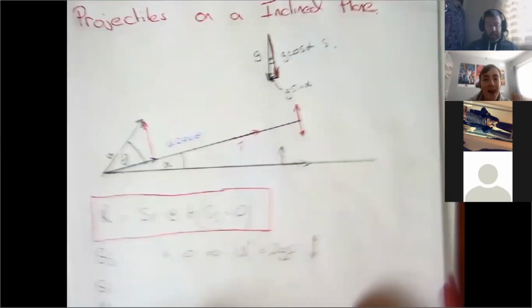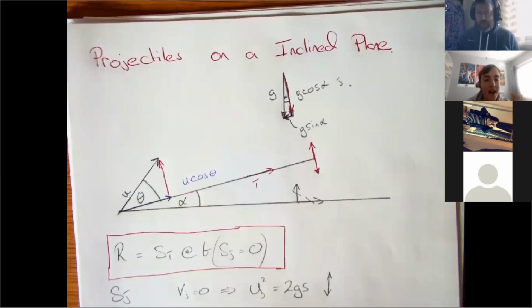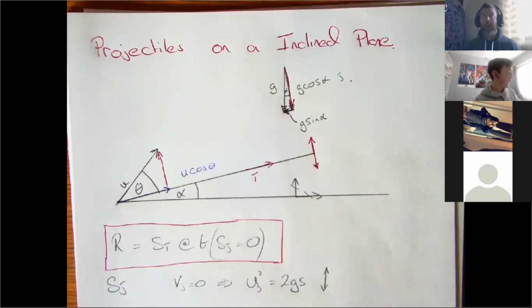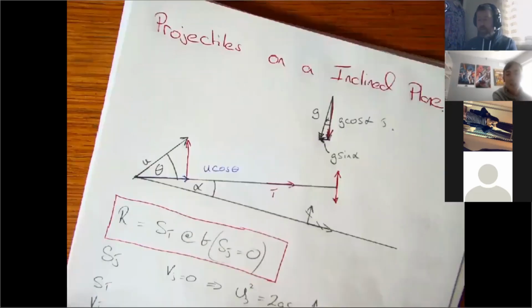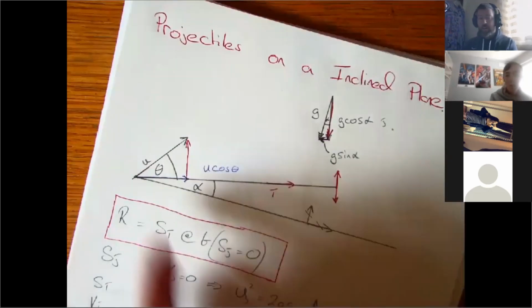What we're dealing with in this section, 3C, is projectiles on an inclined plane. Projectiles on an inclined plane are not much different to projectiles on a flat plane as long as you turn your head upside down. What I mean is we turn our head around so that this is now the baseline.